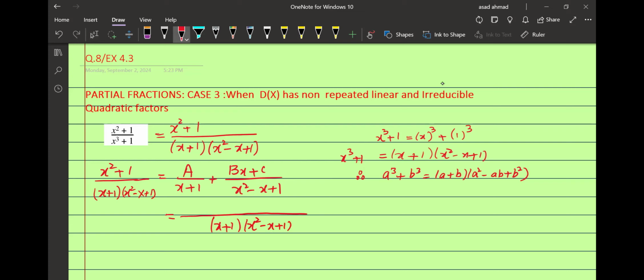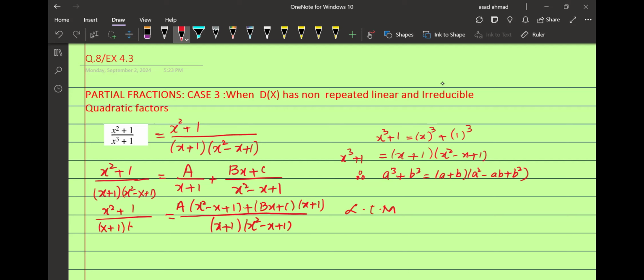This is the usual LCM procedure which we have taken in all previous parts while making the partial fraction. So A times x square minus x plus 1 plus bx plus c into x plus 1. And the term on the left hand side would remain as it is.